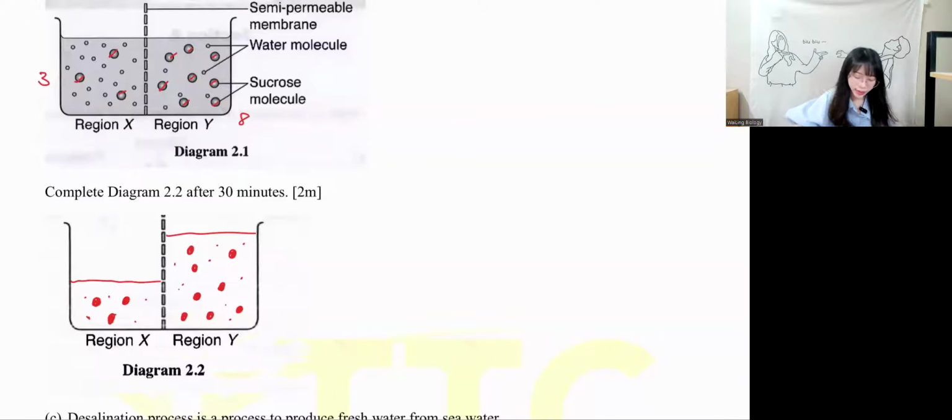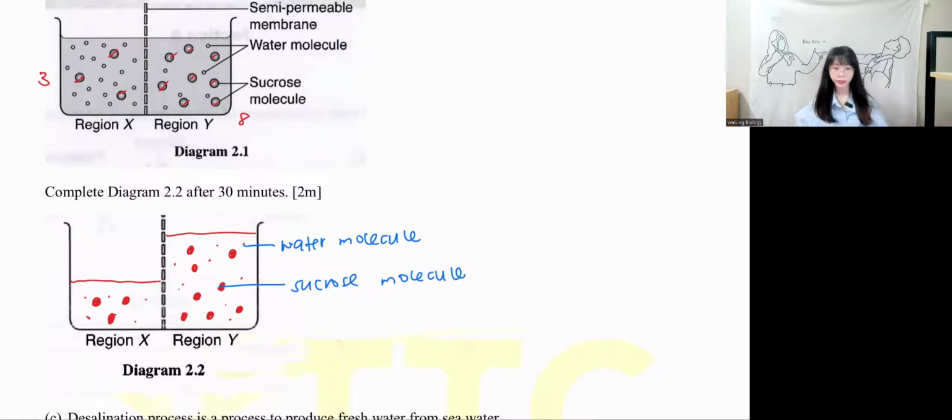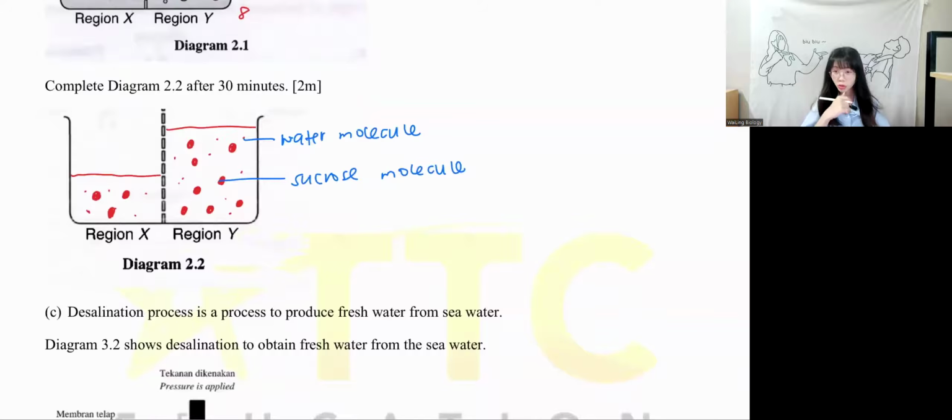Okay, just label, guys. Don't worry. Just label whatever that you draw. Water molecule. Sucrose molecule. Remember to count the sucrose. Sucrose is the most important thing that you're going to do.